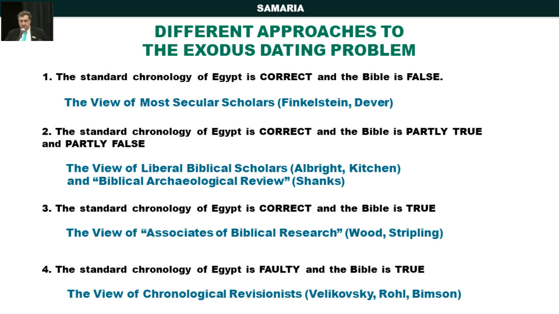Now, as we have seen with the cities of Joshua's conquest and the lack of matches in the Late Bronze archaeology, there is a major challenge to reconcile the Bible with the archaeology of the Late Bronze Age. Now, the final approach to the Exodus problem is that the Bible is true and that the standard chronology itself is faulty. Now, this is the approach of revisionists such as Immanuel Velikovsky, David Rohl, and John Bimson.